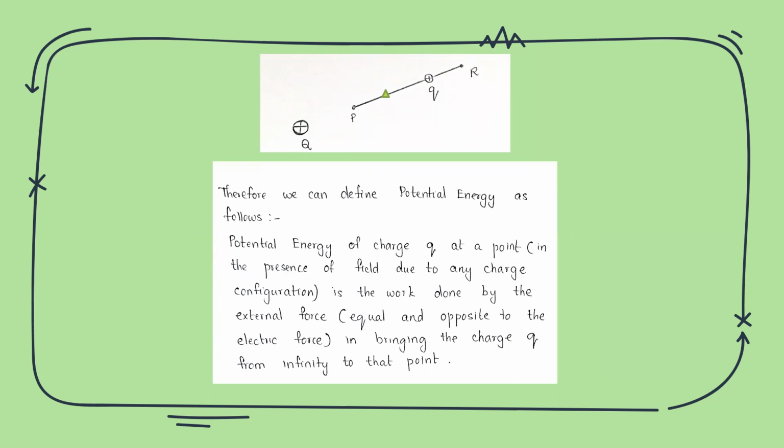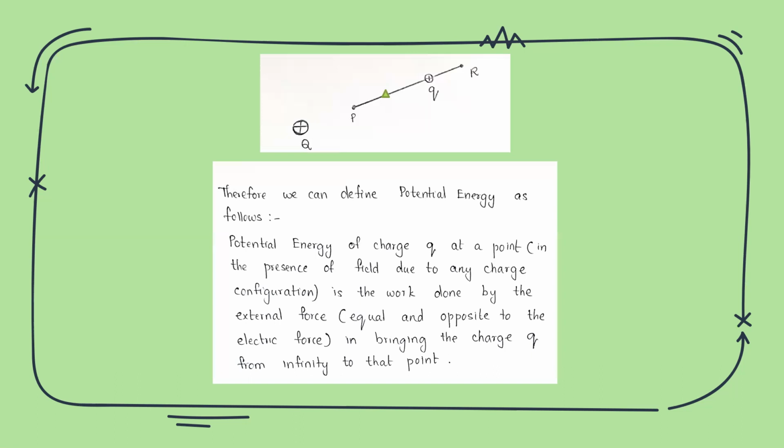This is the definition. Potential energy of charge Q at a point is the work done by the external force in bringing the charge Q from infinity to that point.